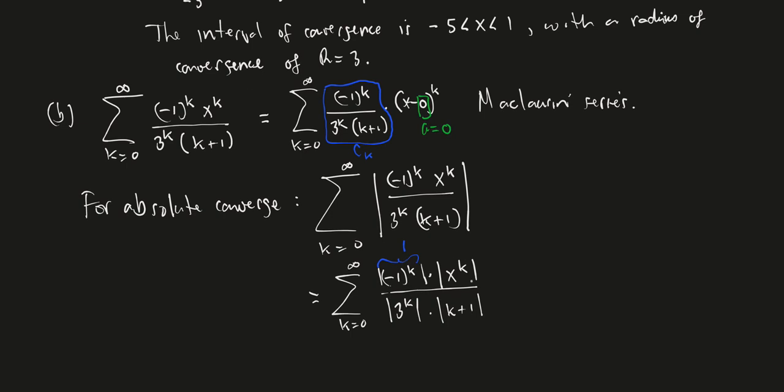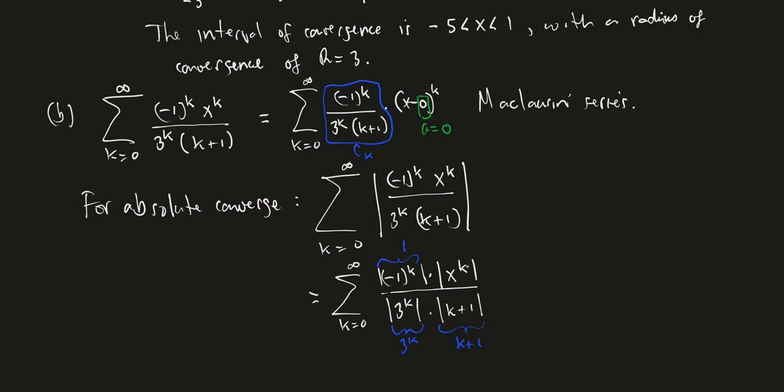I'll leave this factor for last. 3 to the k is always positive. So I can drop the absolute values, and that just simplifies to 3 to the k. For k going from 0 to infinity, k plus 1 is always positive. So that, again, I can drop the absolute value, and I can make it just k plus 1.